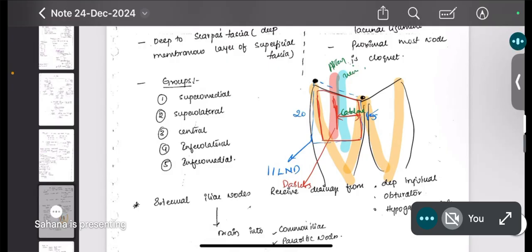Then you will restrict your templates to the muscle. If it is sartorius to the lateral, adductor longus to the medial, and if you constrain yourself superior to the inguinal ligament and where these two muscles converge, that is your standard template, and it is called Dassler's template. Dassler's template.